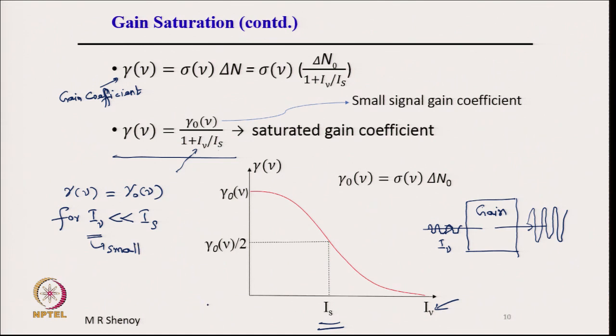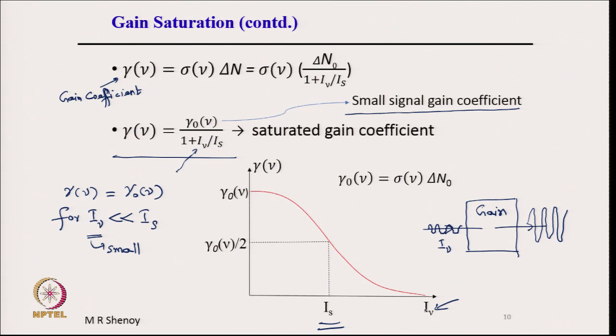When the intensity is small, the gain experienced is gamma 0 of nu, which is called the small signal gain coefficient. Whereas, as the intensity increases, we will have the saturated gain coefficient. In other words, as intensity increases, the gain coefficient drops down as shown in the diagram here.